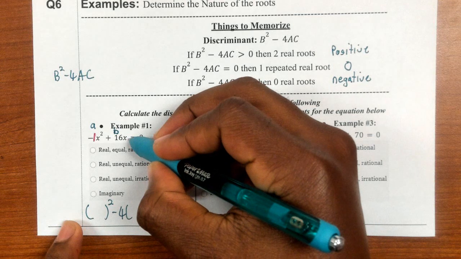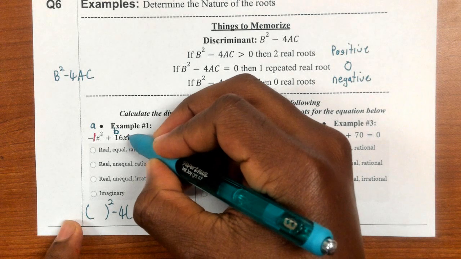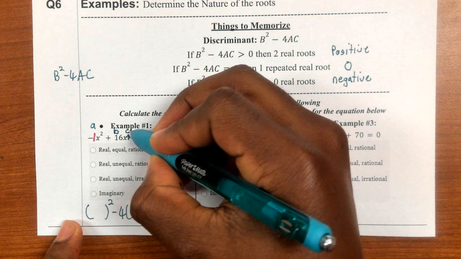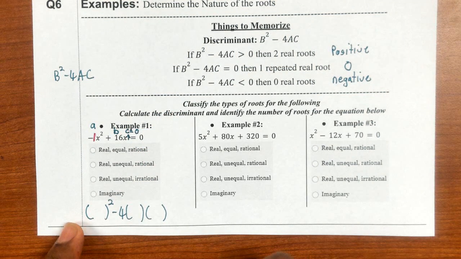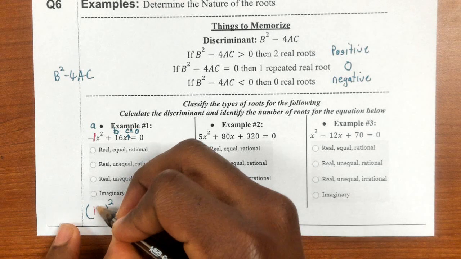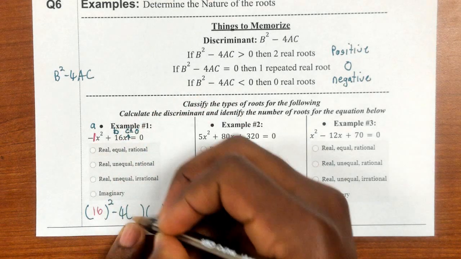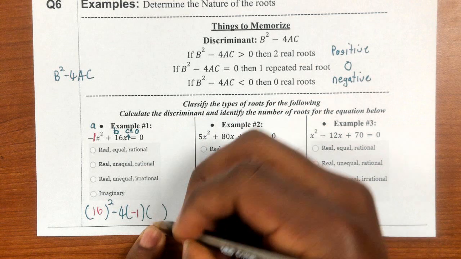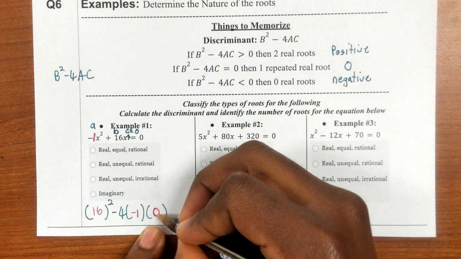So your C, which should be right here, is not there, so your C is 0. We plug in: my B is 16, my A is negative 1, and I don't have a C, so the C is 0.